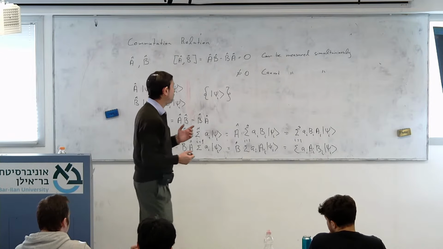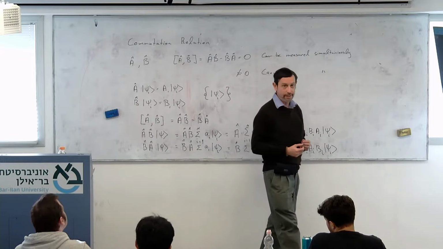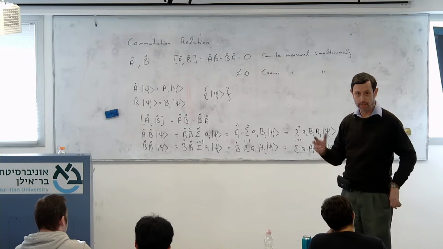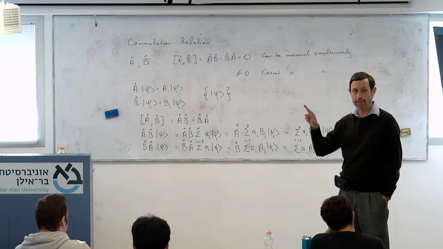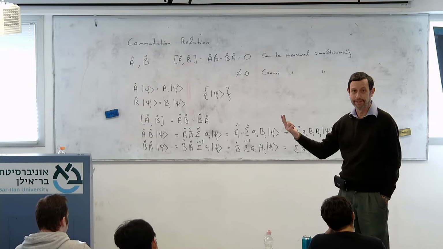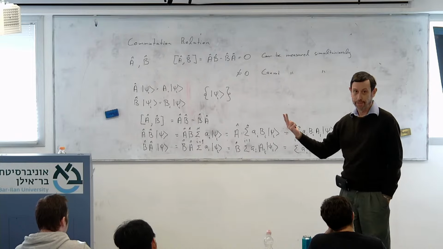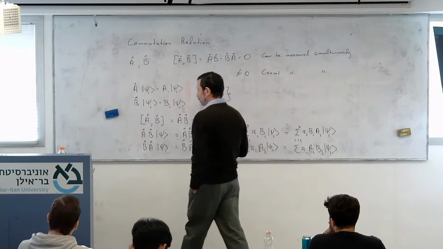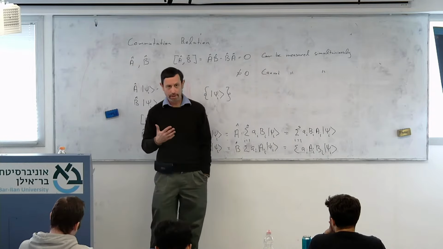We have met a couple of such operators, x and p. We did this calculation xp, and we showed it's not equal to px. Therefore, they are not commutating. Therefore, you can't measure both of them at the same time.